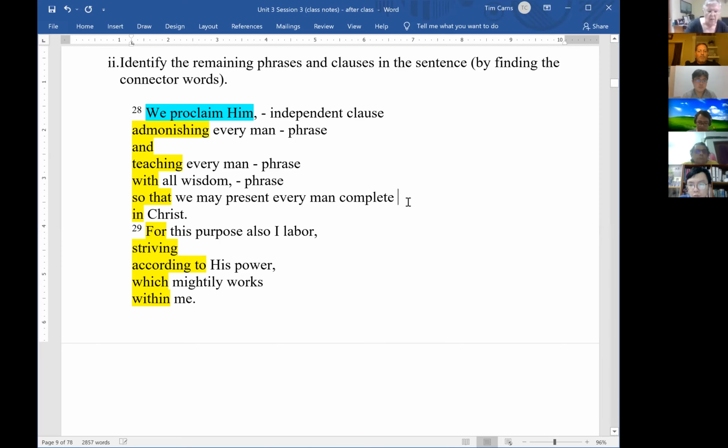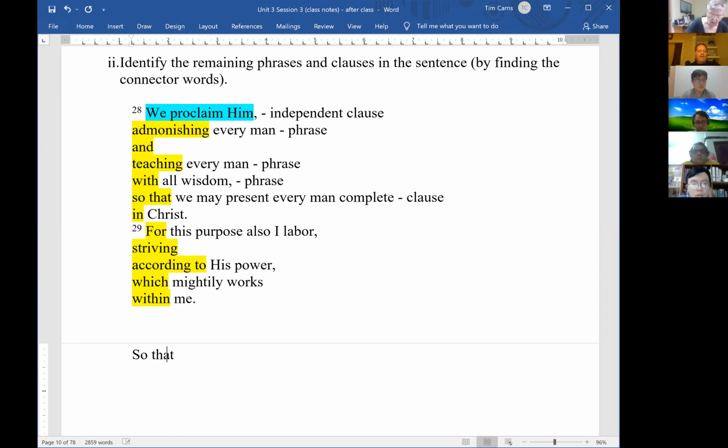All right. So that we may present every man complete. Doesn't it look like an independent clause? It is a clause, and the question is whether it is dependent or independent. The way we answer that is to notice that it's being introduced by a subordinate conjunction.